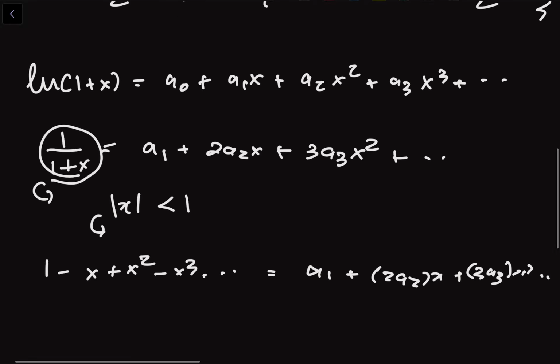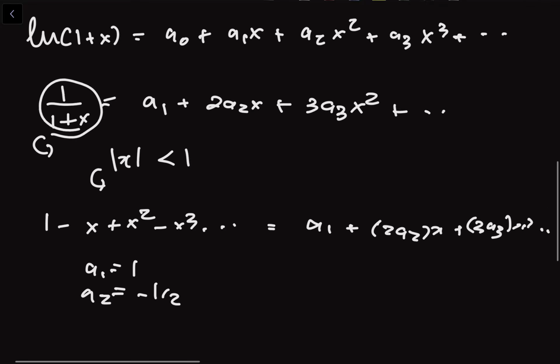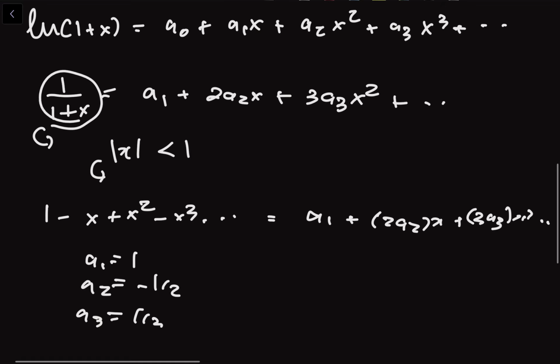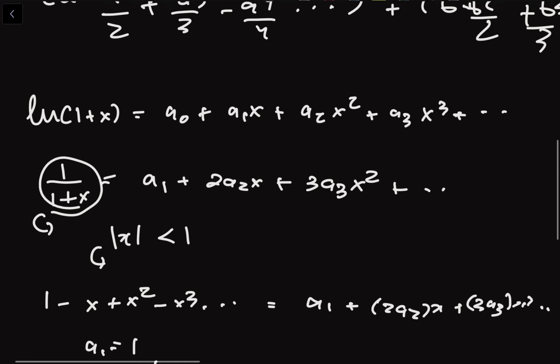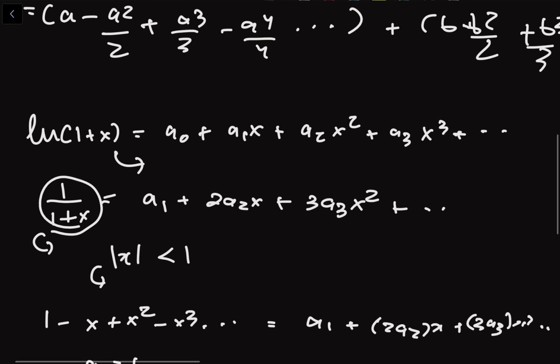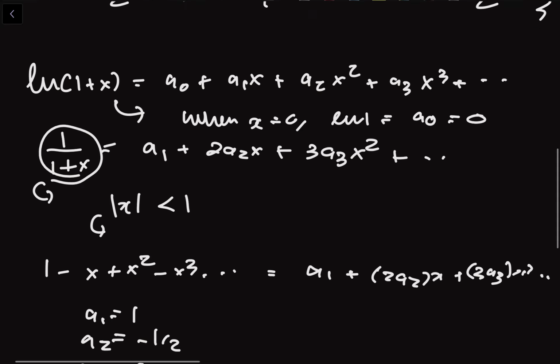So you just compare the coefficients. a1 equal to 1, a2 equal to minus half, a3 is equal to 1 by 3 dot dot dot. And from this expression, we can put x equal to 0. So when x is equal to 0, ln 1 is equal to a naught, which is equal to 0. So a naught will be 0.